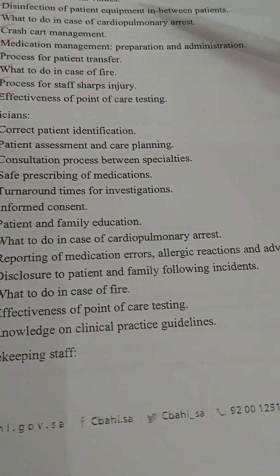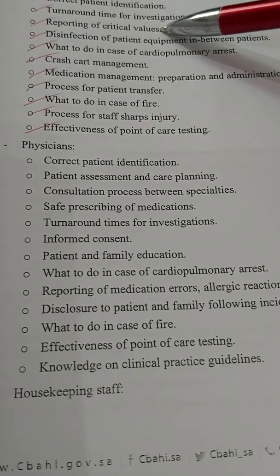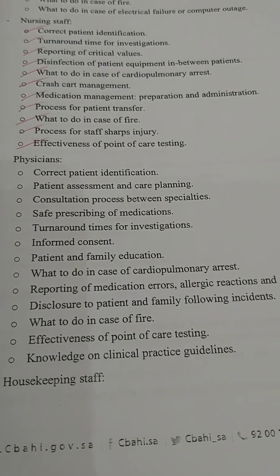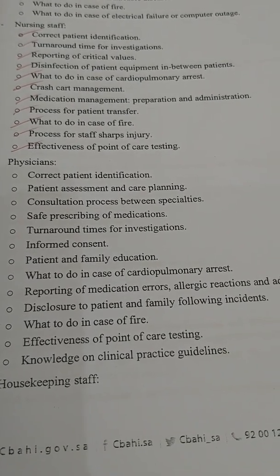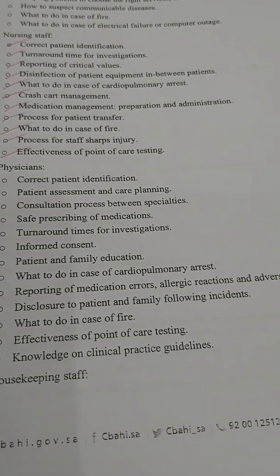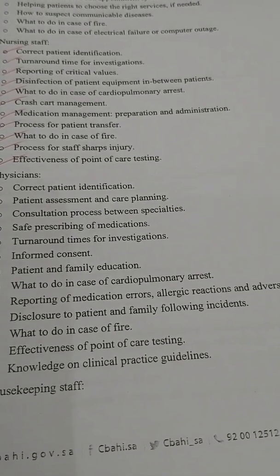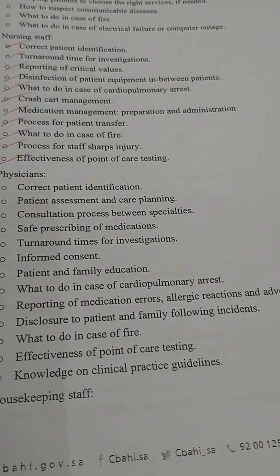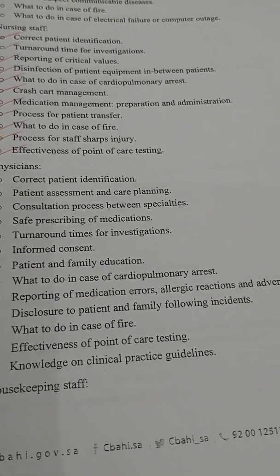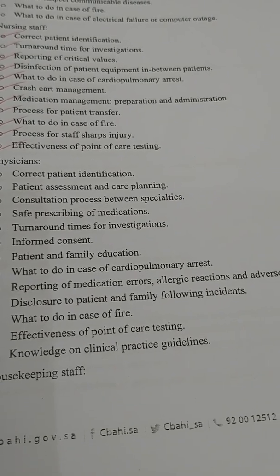Okay, so reporting of critical value. If there's a critical value, either from the X-ray or from the laboratory, a telephone call should be made from the laboratory or the X-ray to the doctor. They say the name of the patient, the full name, the ID number, the file number, and the result.